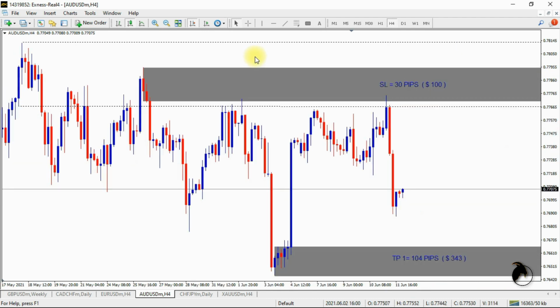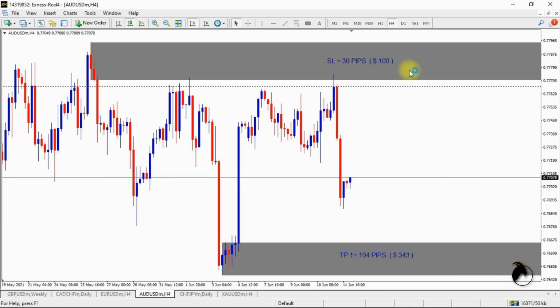So using this, if they hit my stop loss on this setup, it means I would have lost $300, if I'm not mistaken. 10 multiplied by, yes, I would have lost $300 on this setup if I was using 1.00.